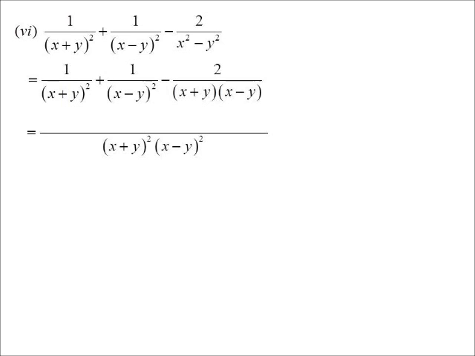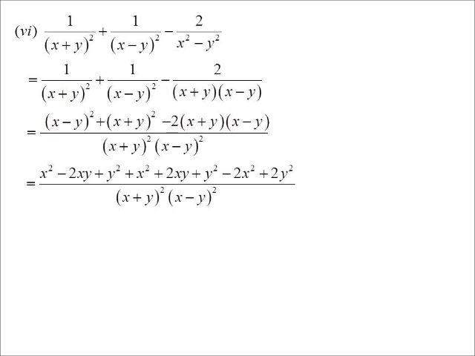There's my denominator. What's different? x plus y squared, so that's going to become x minus y squared. x minus y squared changes to x plus y squared. This one then will be minus twice x plus y, x minus y. Again, you could expand the whole thing out, and I probably did in the worksheet, but if we're clever, we should be able to work this out. We've got an addition here of 2 perfect squares.